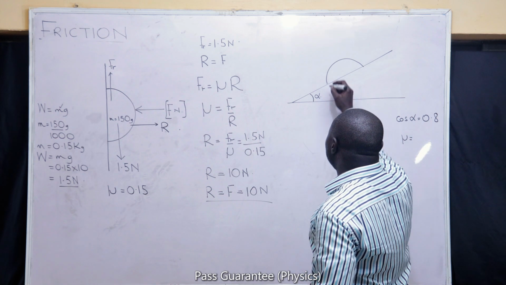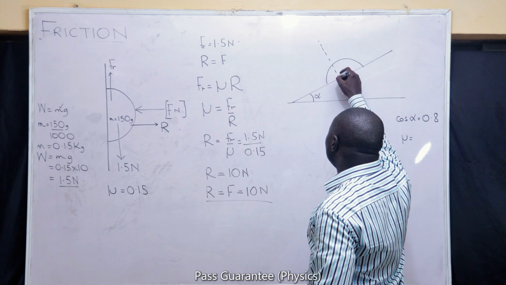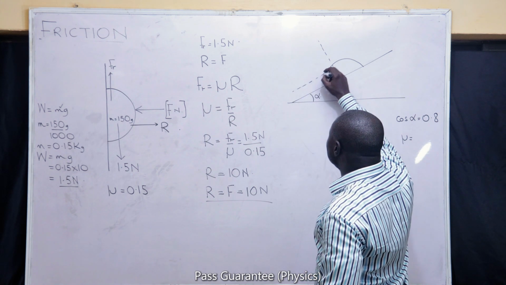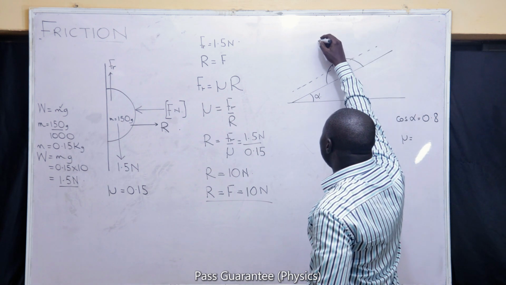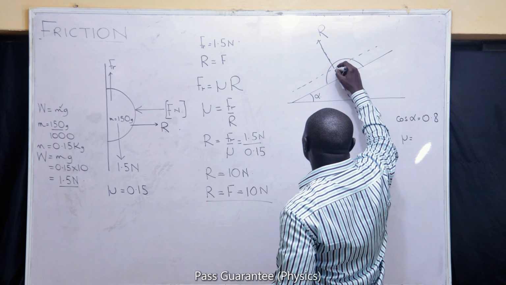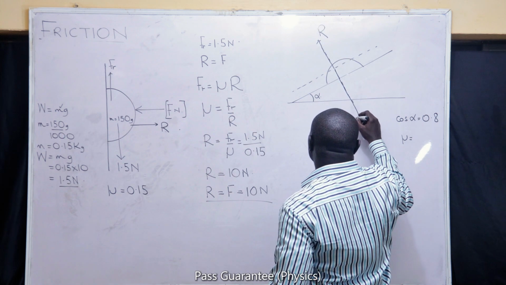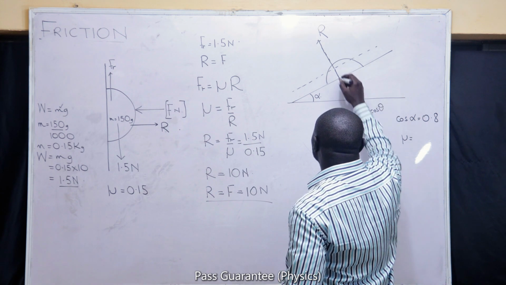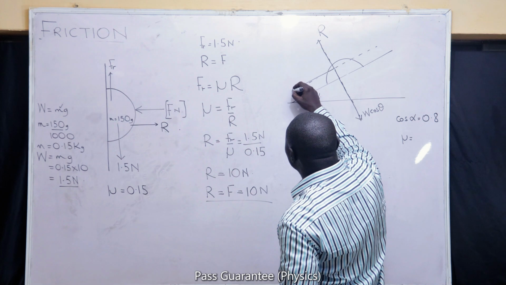Don't forget that while we're talking about inclined plane, the forces that we're able to get are, number one, the normal reaction, which is in this direction. Number two is W cos theta, in this direction. Number three is W sin theta, which is downward along the plane.